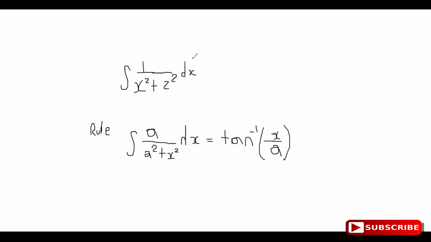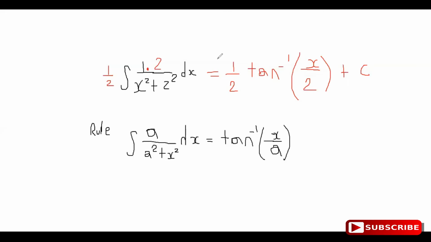So since we need a 2, we put a 2 in the numerator and put a half on the outside. So what we end up getting is a half, and this integral part is just tan inverse of x over 2, plus some constant c.